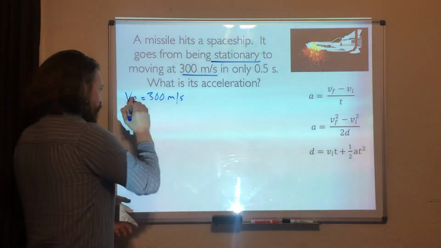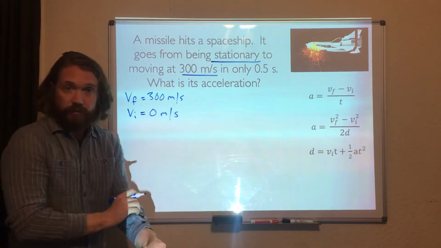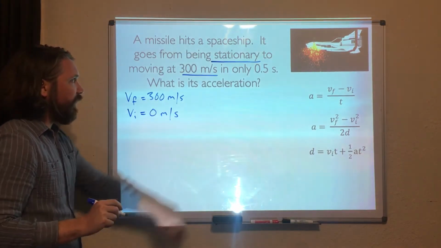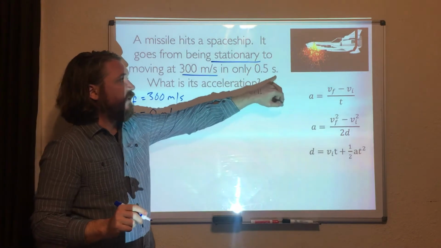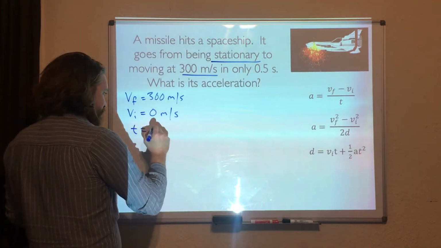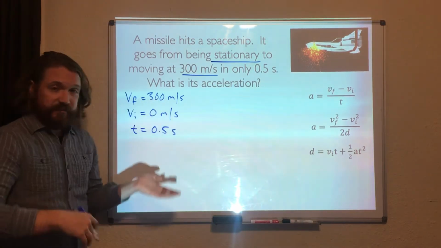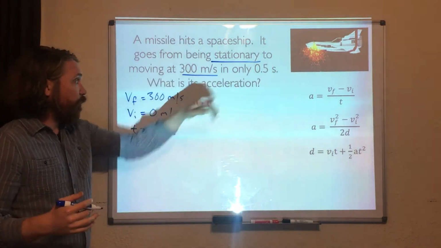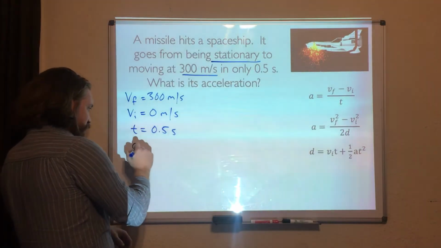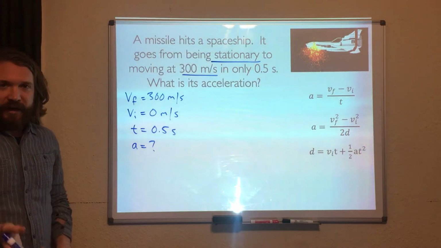You're at rest, which means our initial velocity is 0. And we see 0.5 seconds, and we know seconds always measures time. These are my givens. Next step, what's my unknown? What is the acceleration? Well, it tells me what my unknown is.